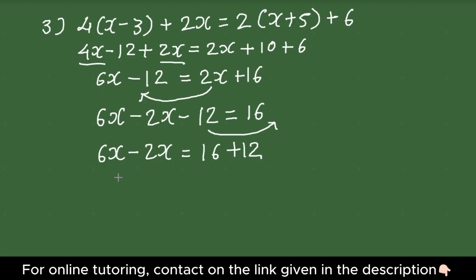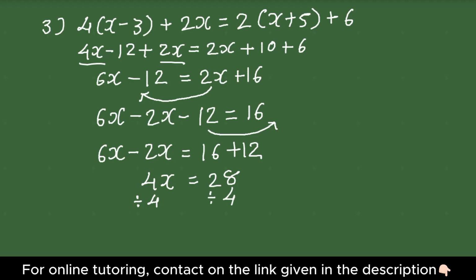Now let us simplify. 6x minus 2x will be 4x is equal to 16 plus 12 would be 28. Now there is a multiplication between 4 and x. So we will do exactly opposite of multiplication, which is division. So we will divide both sides by 4 to isolate x.